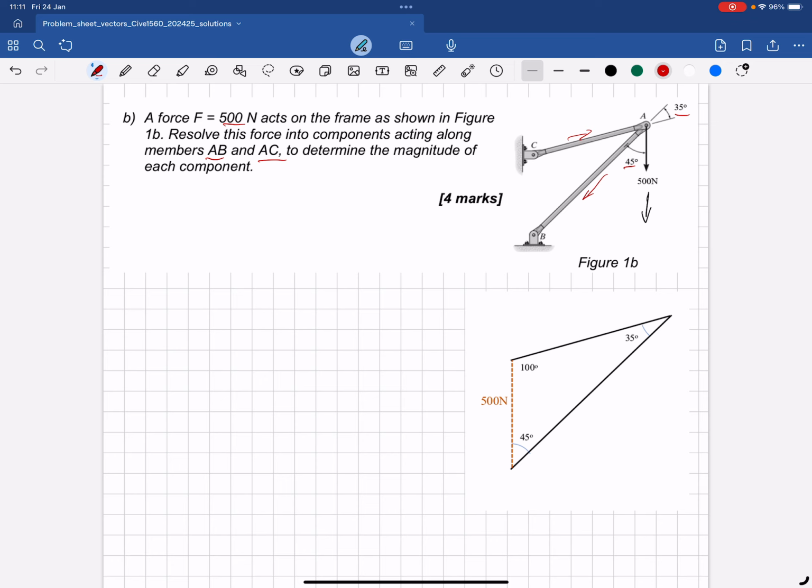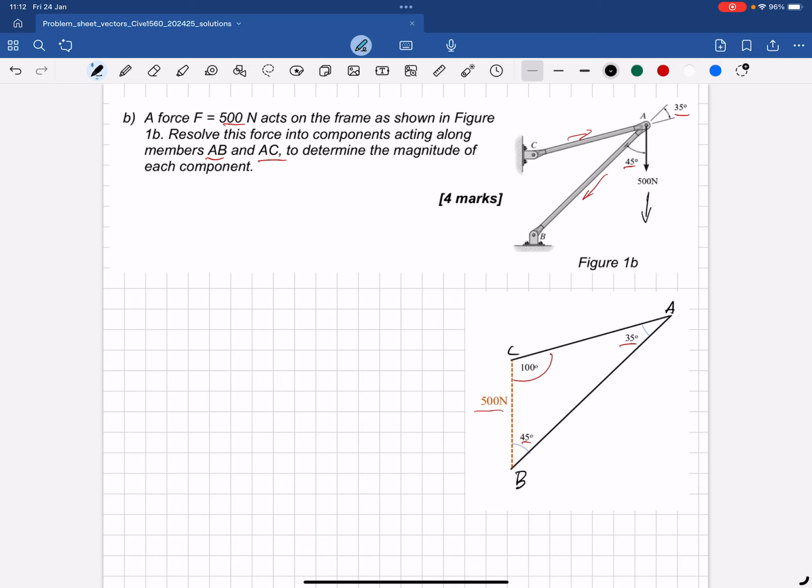Now we've got 500 is vertical here, so I've transformed it over to there. We've got an angle here, 45. We can get 35 of this angle, and that gives us the ability to calculate the unknown there. So we want to calculate the forces in AC and AB.